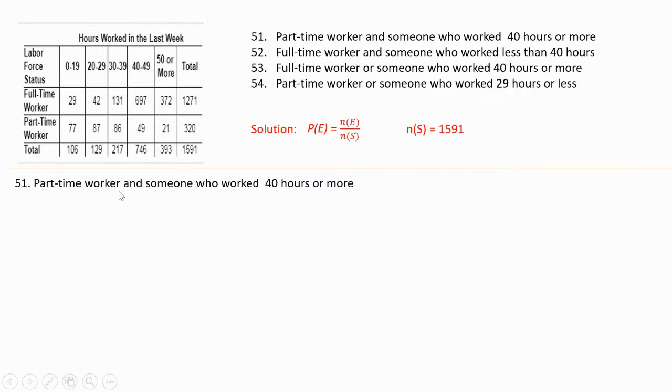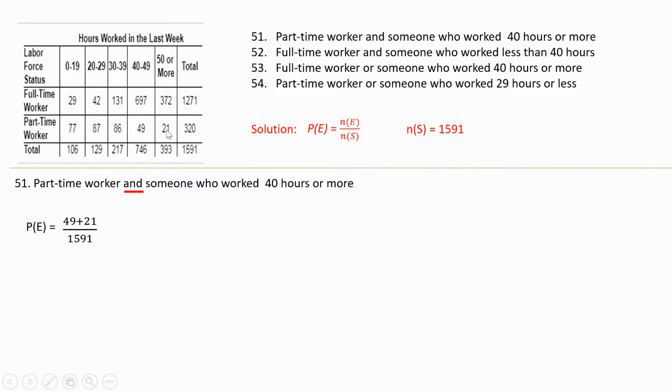So here we go. A part-time worker and means intersection. So a part-time worker is here. A part-time worker and someone who worked 40 hours or more. So that's my event. So a part-time worker, which is this right here, and work 40 hours or more.